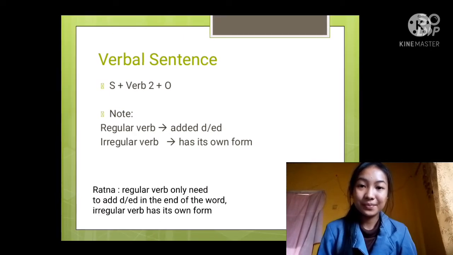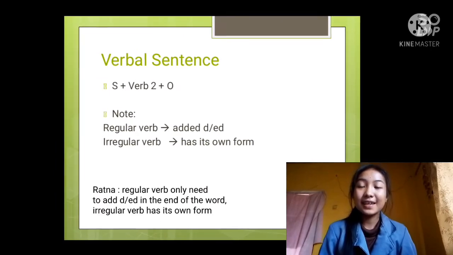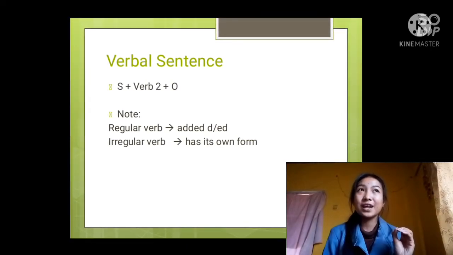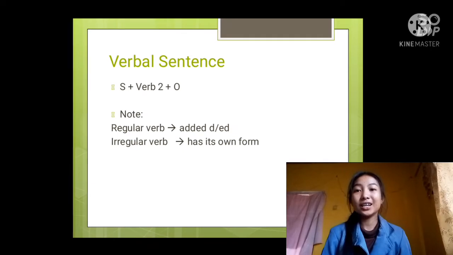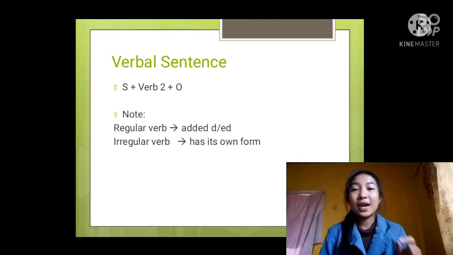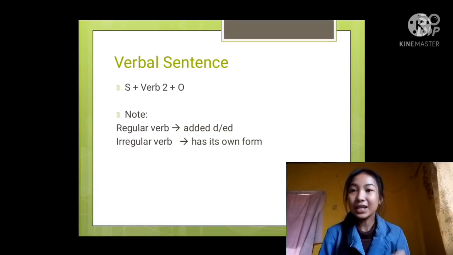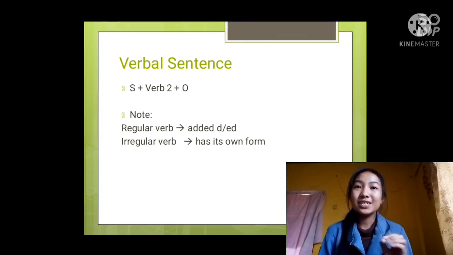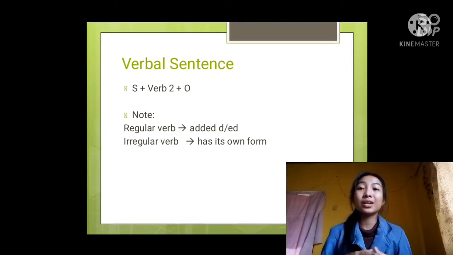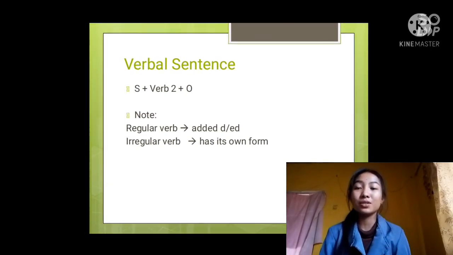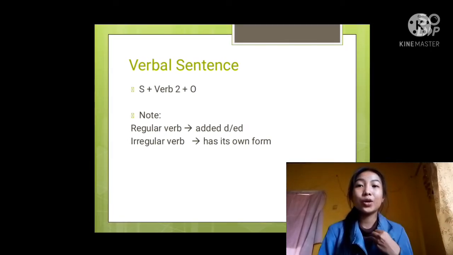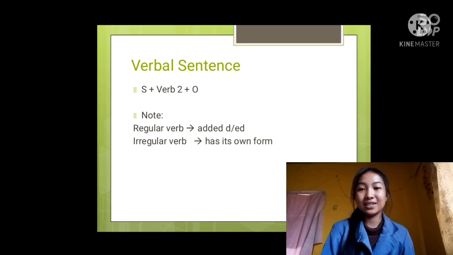Yes, please. Alright, that's good. Thank you. A regular verb is a verb whose past form only needs d or ed added, and an irregular verb is a verb whose past form has its own form, so it is not appropriate to add d or ed at the end of the word.